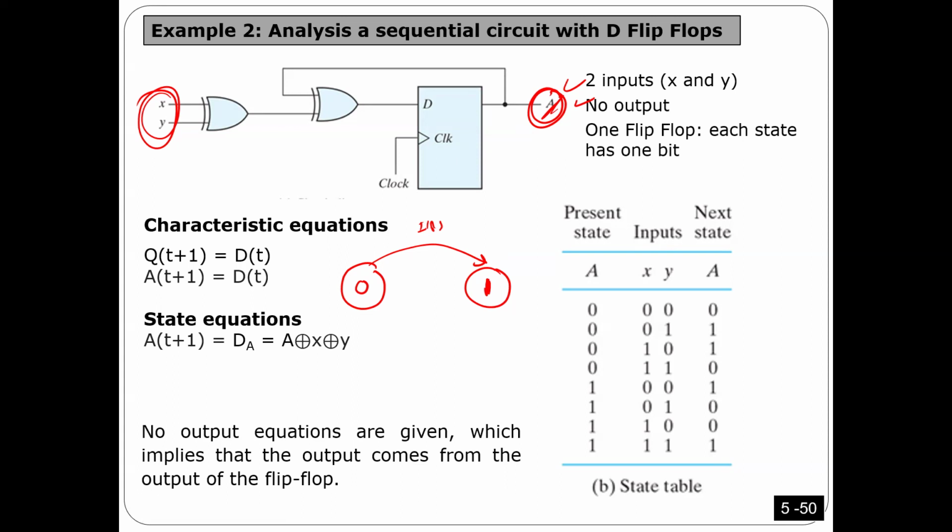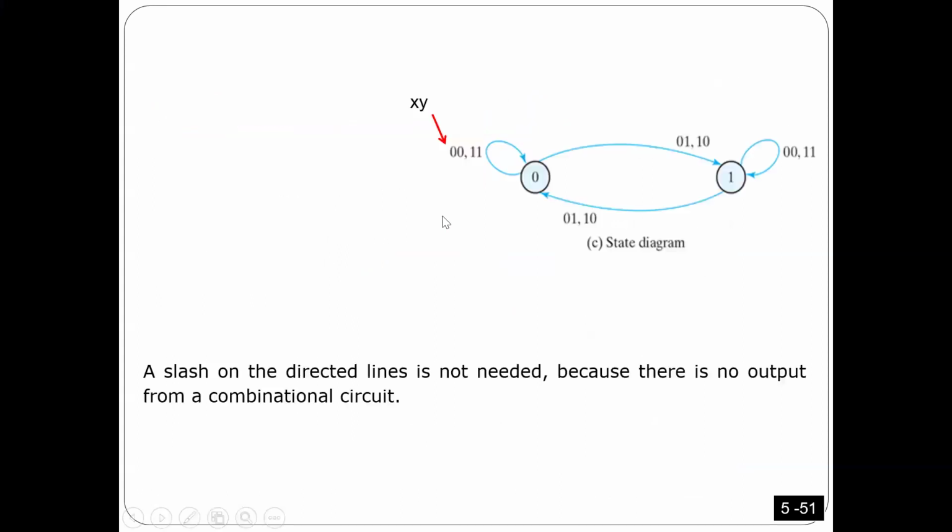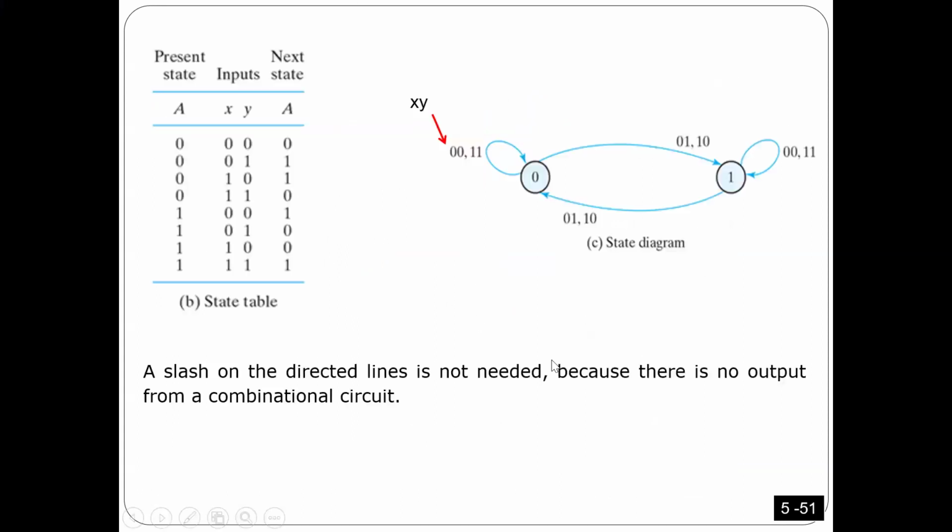So I will show you how we do it here. Look how I make it. When X and Y are 0, 0, there are four possible cases for each state. Here, when X and Y are 0, 0, next time I will go to 0.